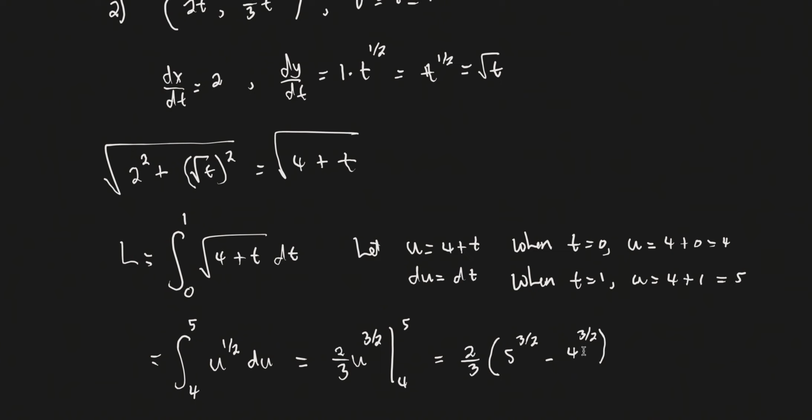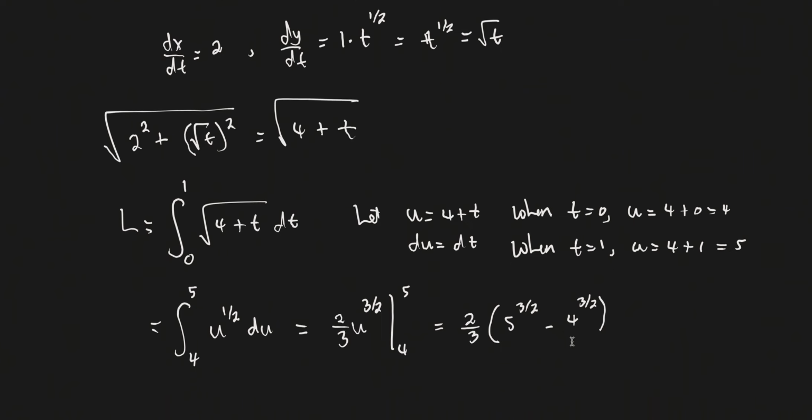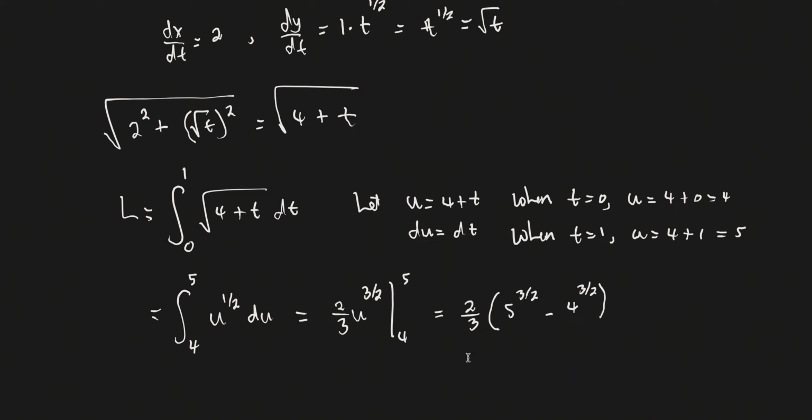Now 4 to the 3/2 is a nice integer. 5 to the 3/2 is an irrational number, but it can be reduced like this. This is 5 root 5. And then 4 to the 3/2 means you take the square root: take the square root of 4, that's 2, and then 2 cubed, that's 8.